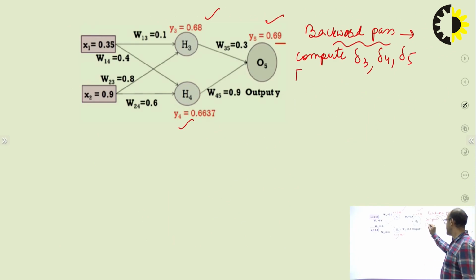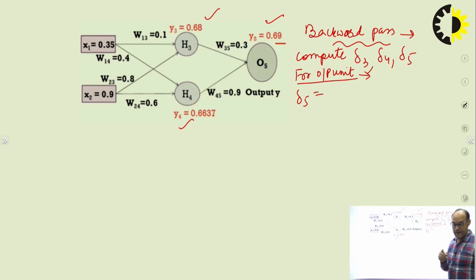So first of all we will calculate for the output unit. How will it be calculated? Delta 5, I will put the values in the given equation: y times 1 minus y times target minus y.